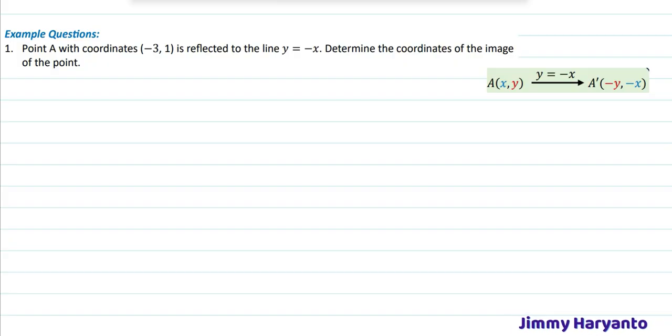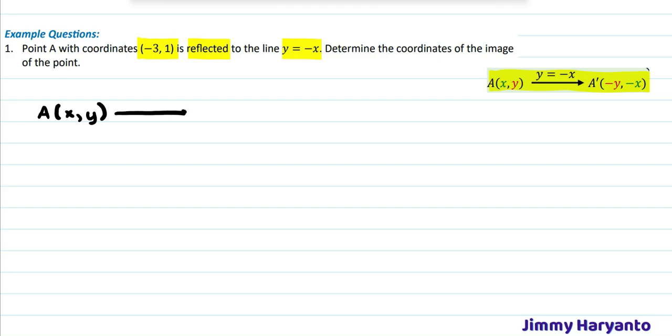Okay, let's try to do the example questions. For the first one, the point A is given, which is -3, 1, and then the question says it is reflected to the line y equals to -x. That means the formula will be that one, yeah. Every single question is just like you write down the formula and then just input the value like this.